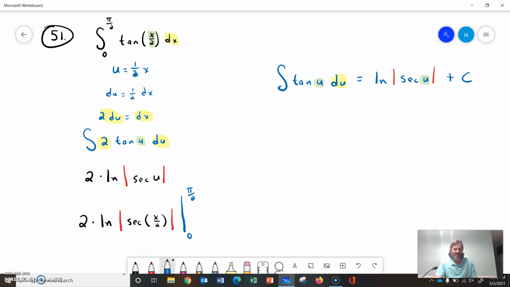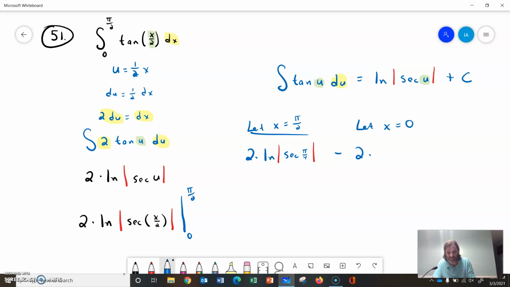So that looks like a lot of fun. So let's see. Let's let x equal pi over 2, and what would that give me? That would give me 2 times the natural log of the secant of pi over 4, and then we'll have minus, when we let x equal 0, 2 times the natural log of the secant of 0.